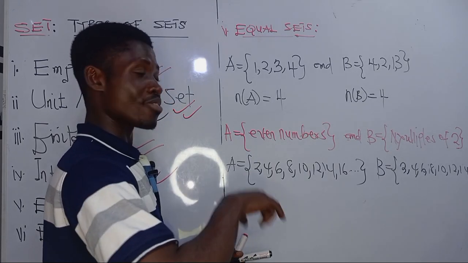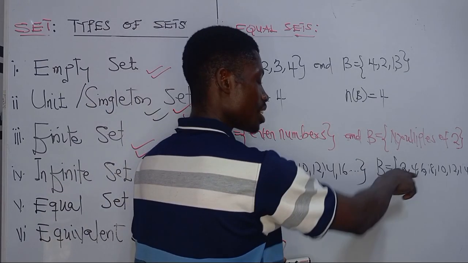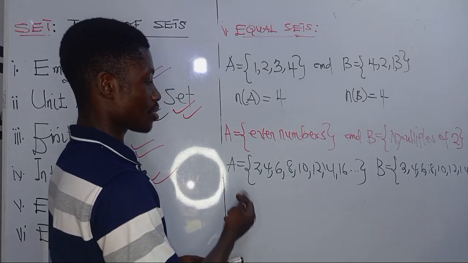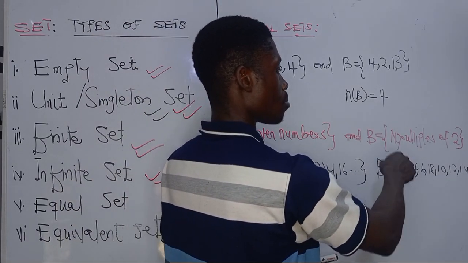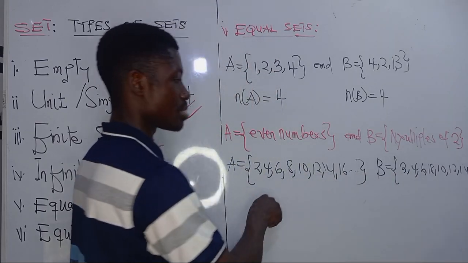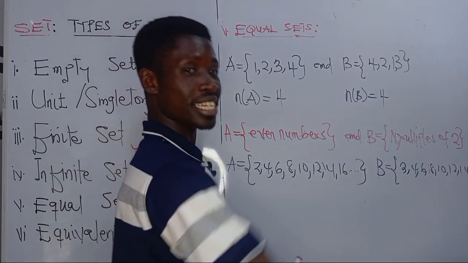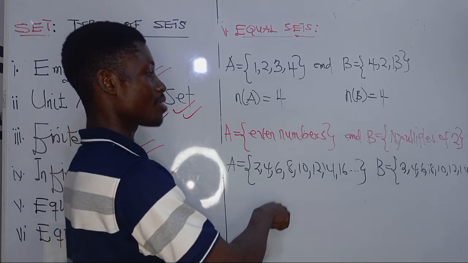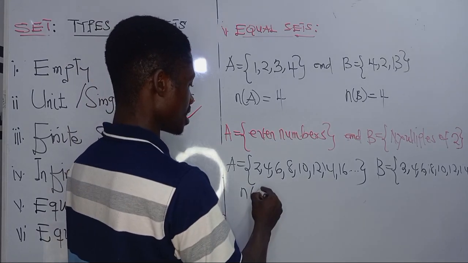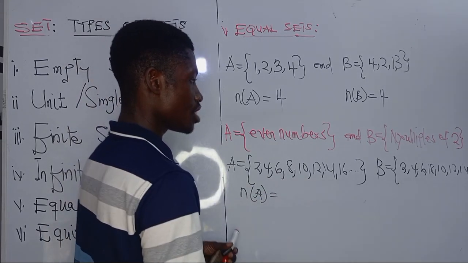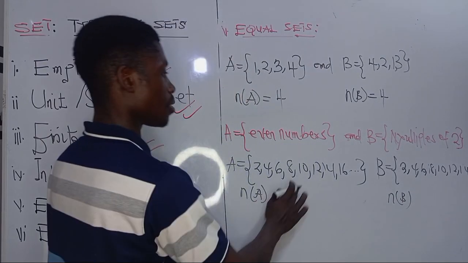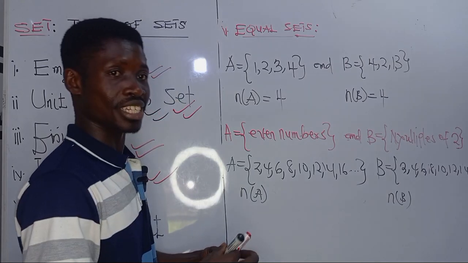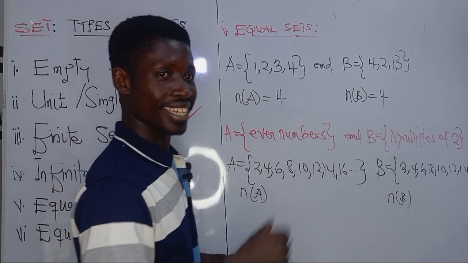And then the number of elements in set B is also going to be the same, because we are talking about even numbers, and we are talking about multiples of 2. All of these numbers are running up to infinity. So definitely the number of elements for set A is surely going to be the same as the number of elements for set B, because all these numbers are running to infinity.